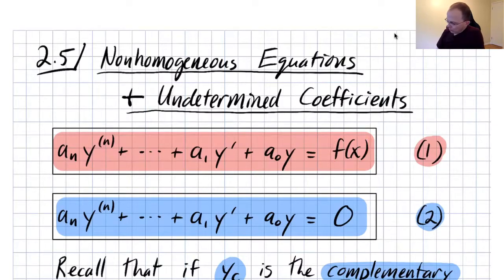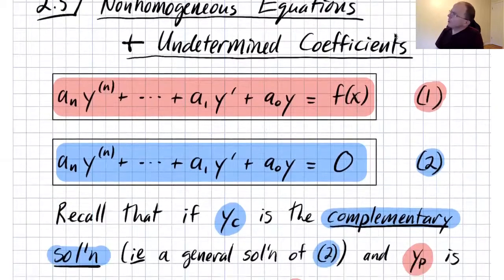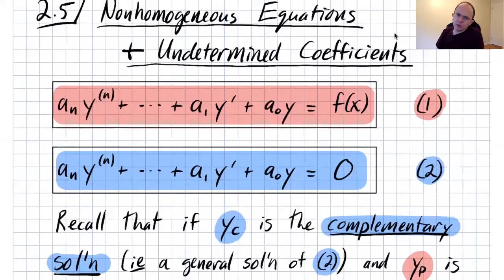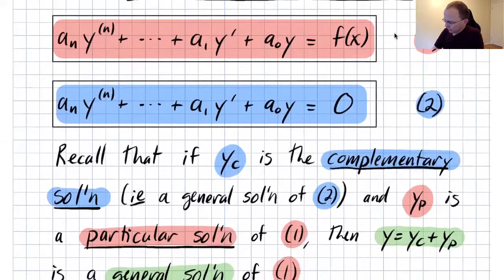So recall how we solve these types of equations. I think it was section 2.1 or 2.2 where we learned that our approach to solving equations like this is the following. We're first going to get a general solution for the homogeneous equation, and that's called the complementary solution, which we represent with y sub c.